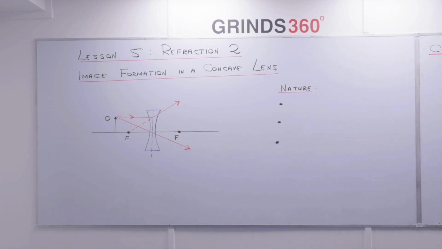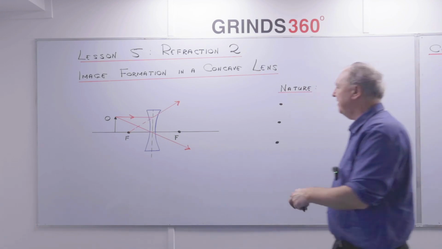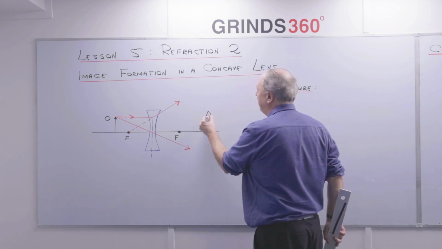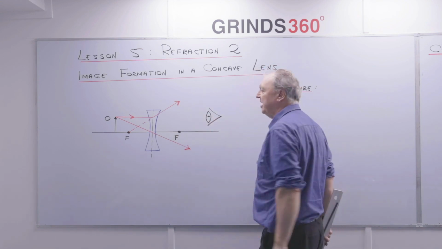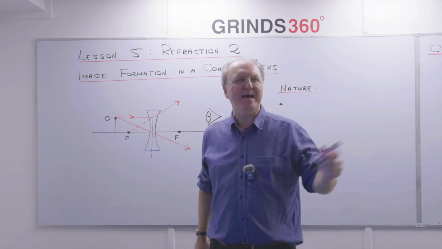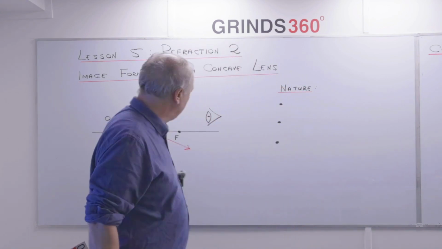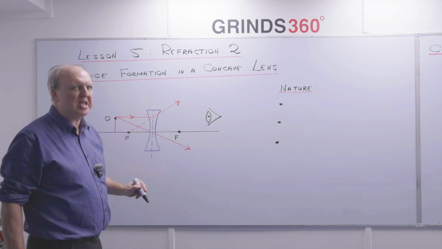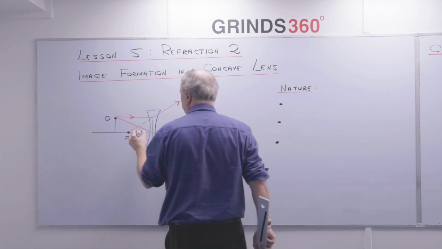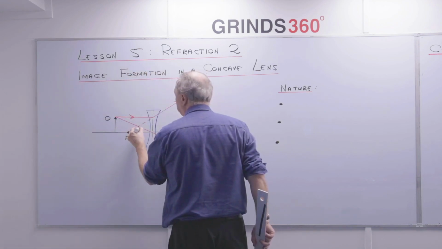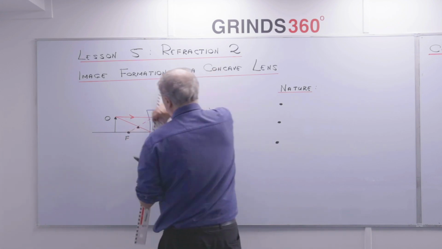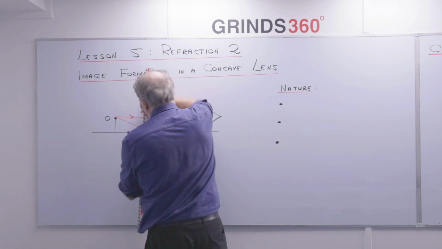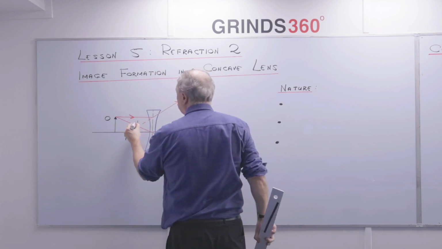Those 2 rays of light there, well, they're diverging. They'll never meet. But someone's eye may look at them, and in their mind's eye, they may work them back from where they came. So when we work that ray back and that ray back, they actually meet there. So the tip of the arrow finishes there. If I did all the other points, they would finish down there. So there's my image I.